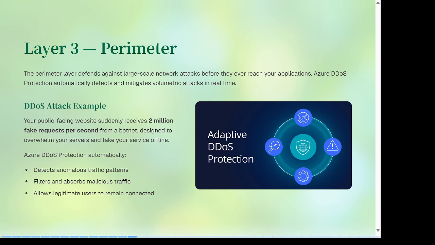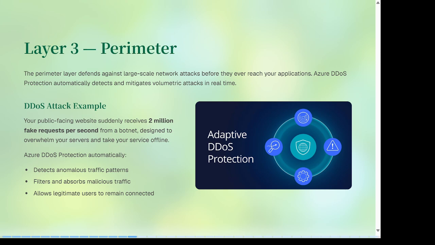Here is what happens in Azure. This is where DDoS protection comes into action. It automatically responds in real time. Azure performs 3 key actions. Detects abnormal traffic. It continuously monitors traffic patterns.